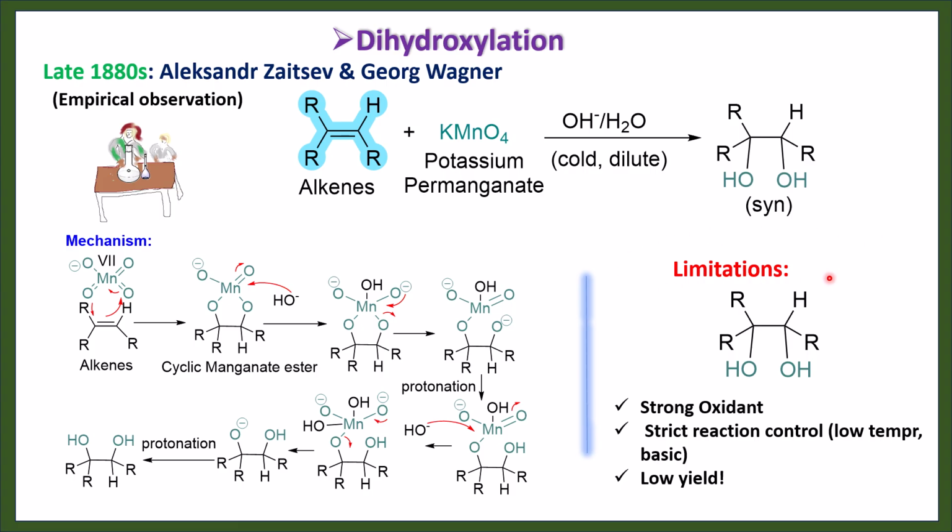So the limitation of this reaction is that KMnO4 is a strong oxidant, so we need to strictly control the reaction: low temperature is needed, and the basicity also needs to be a dilute solution. In these cases we could also find low yield of the dihydroxylated product.